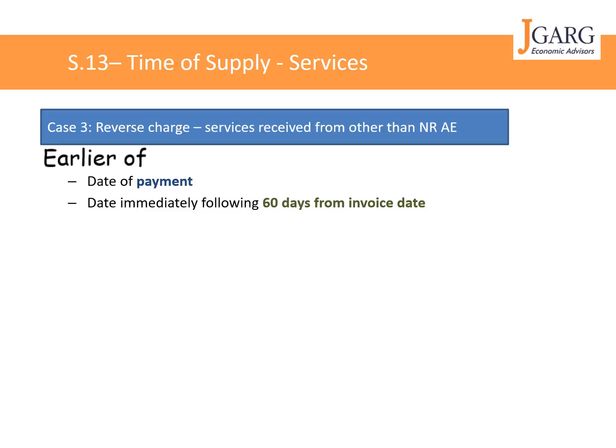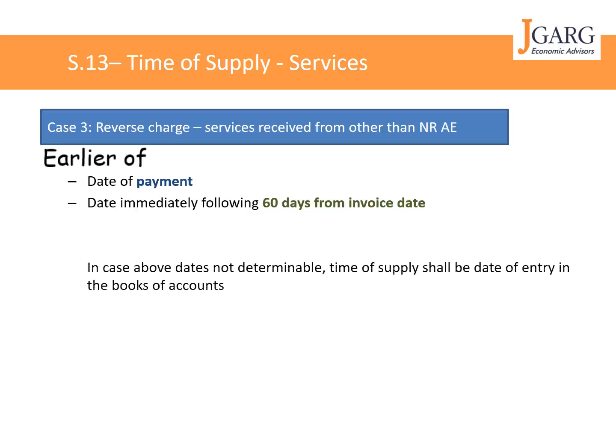However, if you are making payment before 60 days, let's say you received the invoice a week back and today you are clearing that invoice, then the date of payment, that is today, will become the time of supply. In case the above dates are not determinable, the time of supply shall be the date of entry in the books of accounts. It is in line with section 13, subsection 3.